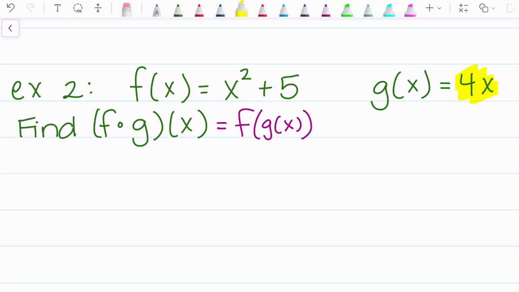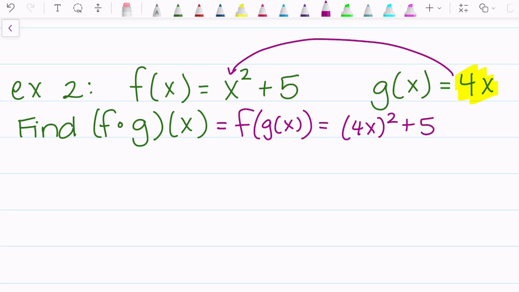So I'm going to take what g of x is and plug it in for x in the other equation, and I'm going to have 4x squared plus 5. We typically take whatever the inside function was, in this case g of x, and plug it in inside parentheses. Since g of x was on the inside, I plugged it in for x.